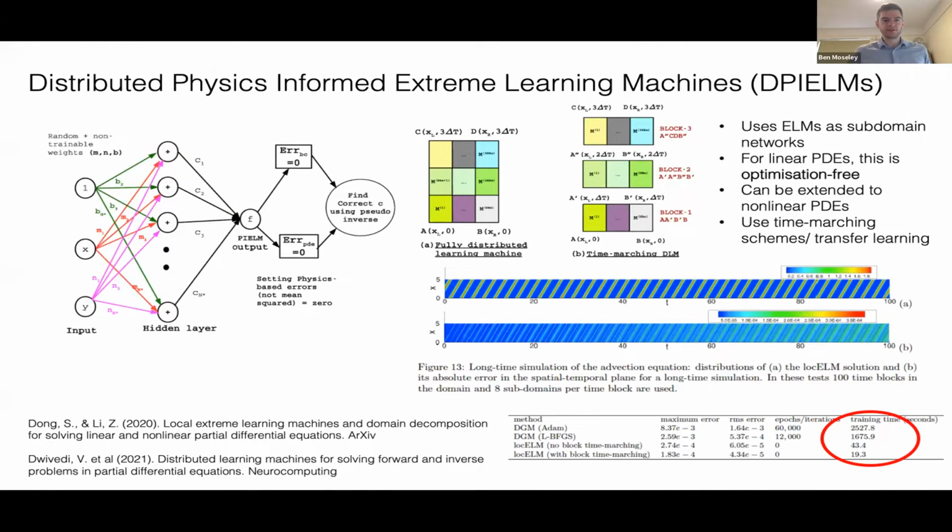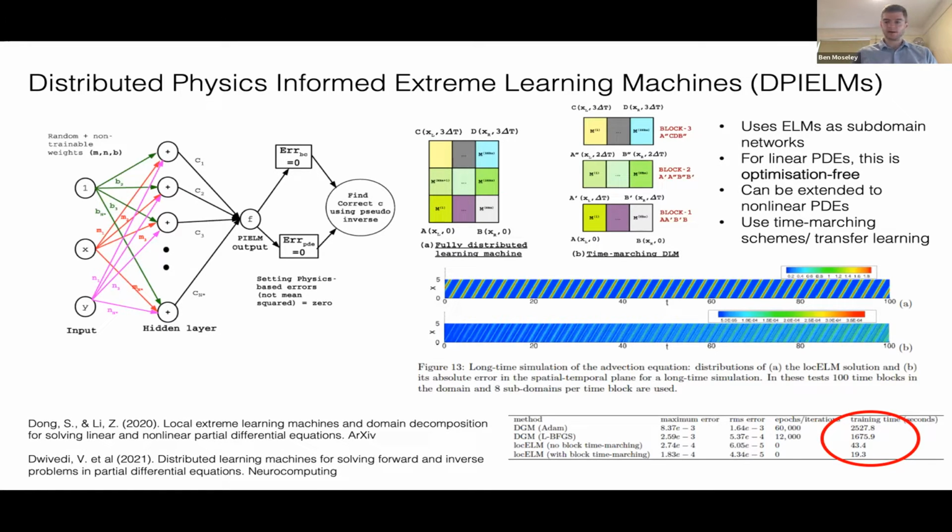Another interesting domain decomposition technique is other works have looked at extreme learning machines, which basically just train the last layer of the neural network, and that turns the optimization into a much simpler optimization problem. Or in fact, you can just use optimization-free methods to get the learned weights of the last layer.